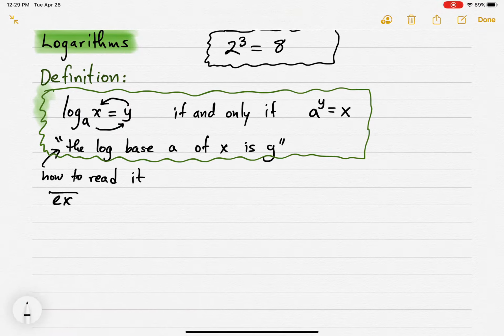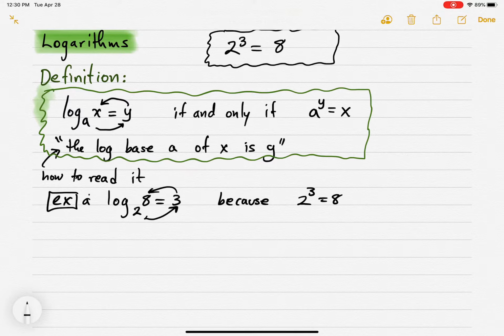Example: we know that the log base 2 of 8 is equal to 3, and the reason why we know that is because 2 to the third power is equal to 8.